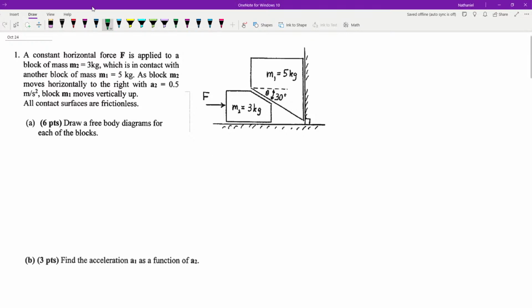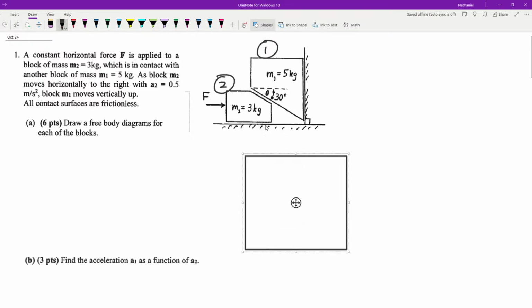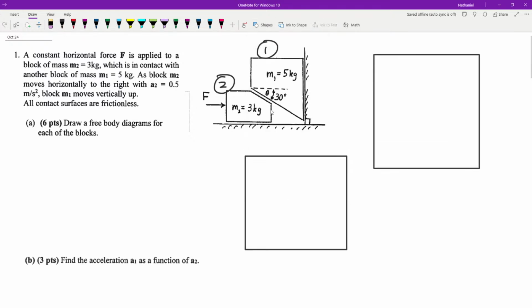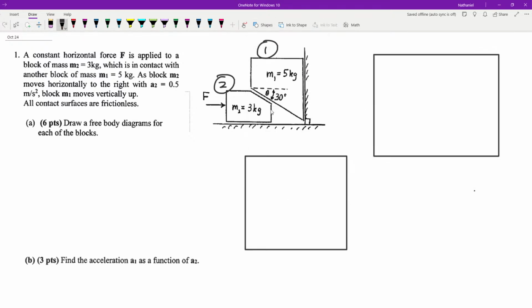Okay, so we've got a block. We'll call this 2 and this 1. Okay, so let's make that official. Let's separate them a little bit here and make some free body diagram boxes, one for both of these.